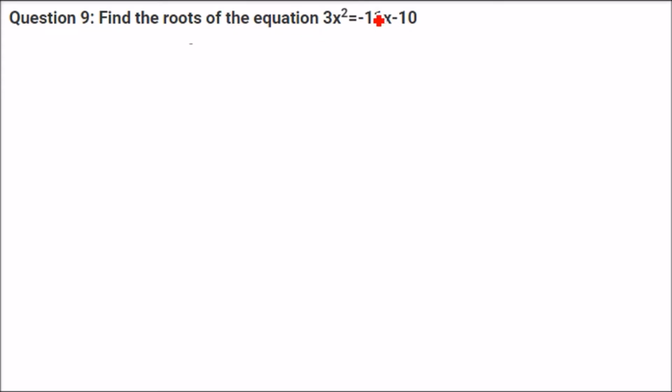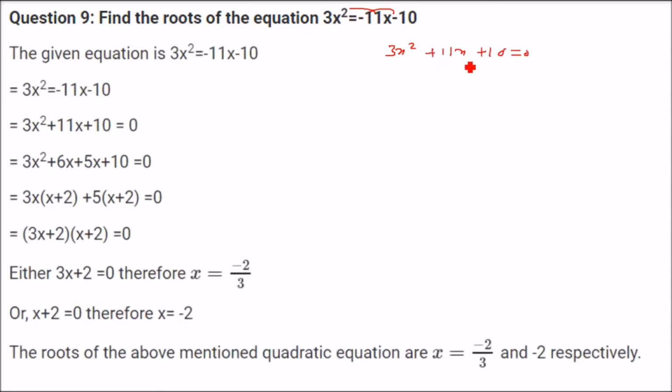Find the roots of the quadratic equation. Let us bring these two here. This will be 3x square plus 11x plus 10 equal to 0. Right? So this 30, how can you write this 30? 3 into 10, 30. So 11 can be written as 6 plus 5. Means 6 and 5, 6 plus 5 is 11 and 6 into 5 is 30 also.